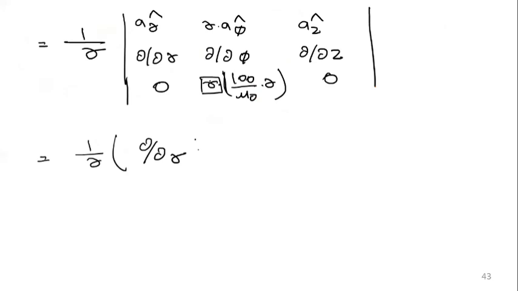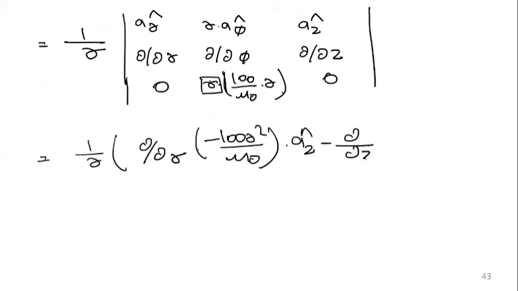So 1 by r into dou by dou r of minus 100 r square by mu naught into az, minus dou by dou z. We'll look like this and we'll cross multiply. So just do that. Minus 100 r square by mu naught into ar.